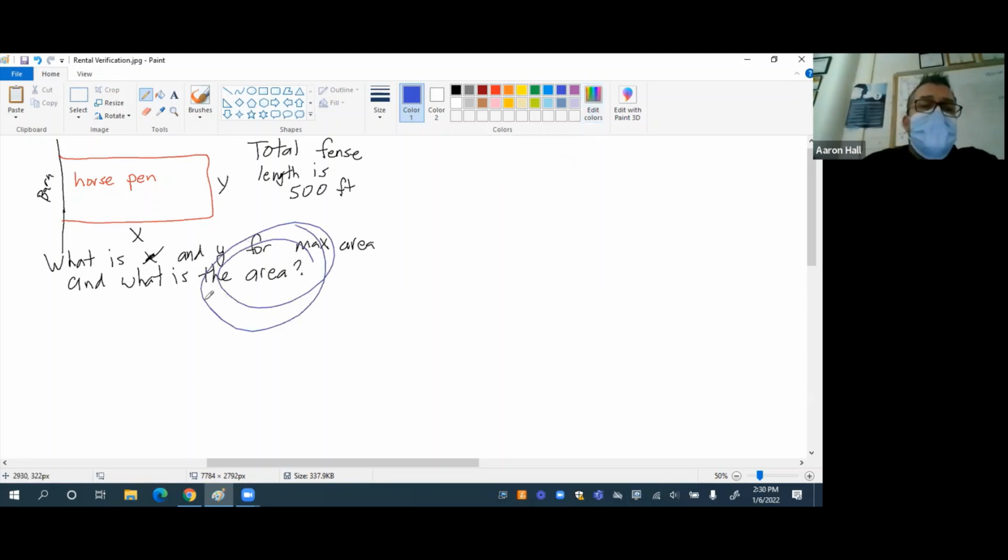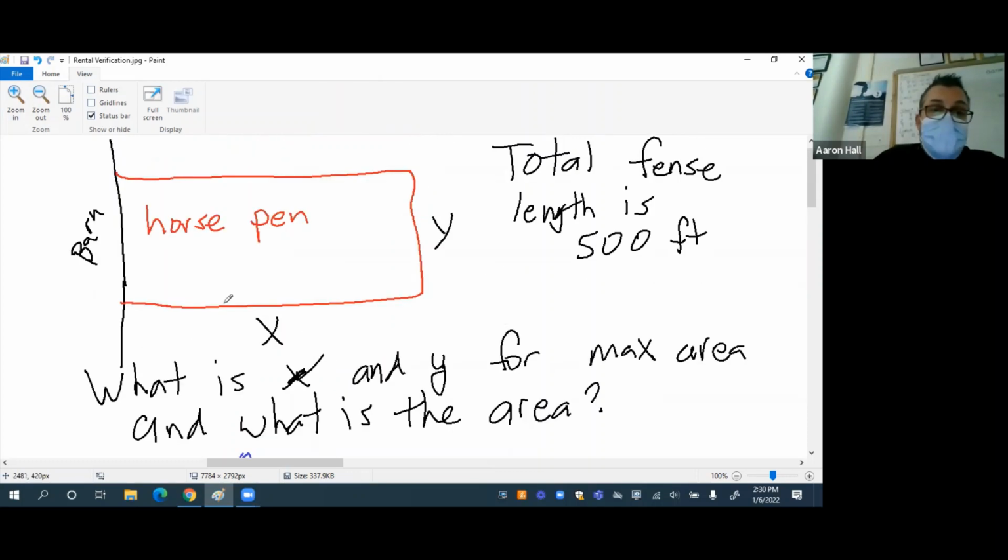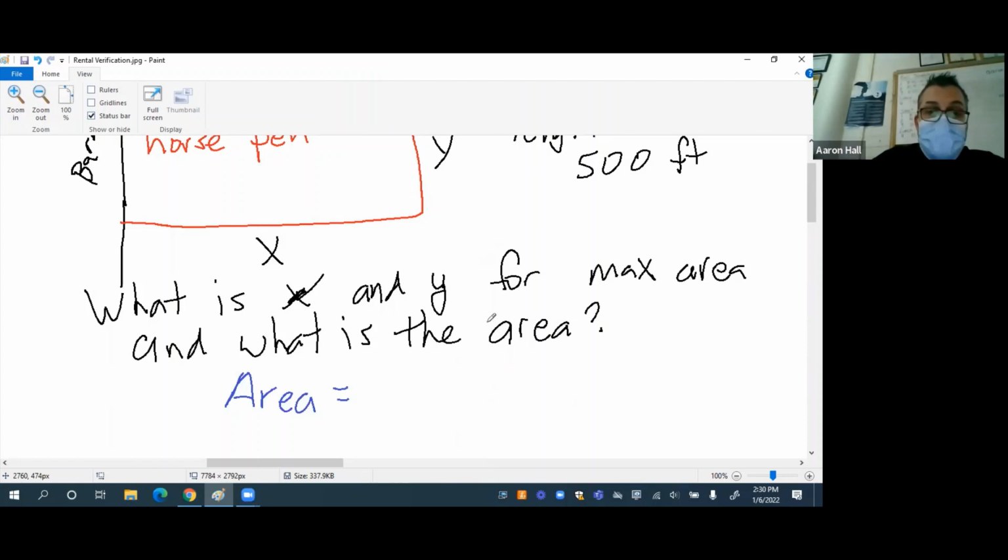Well, it does say something here that gives us a hint. Yeah, what's the area of a rectangle? Length times width, or base times height, however you prefer to remember it. So one of our equations is going to be area equals X times Y.